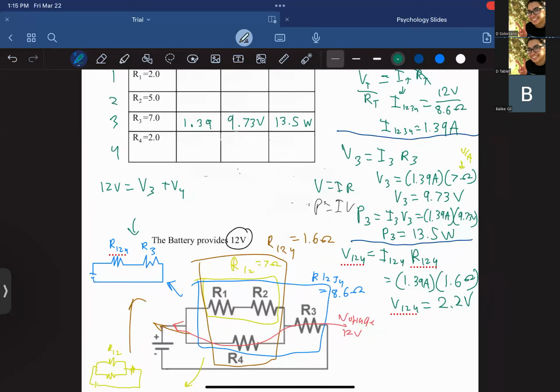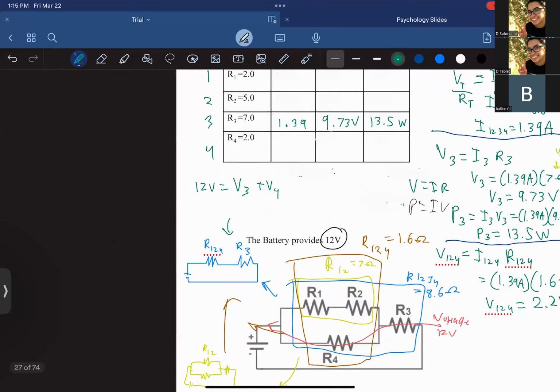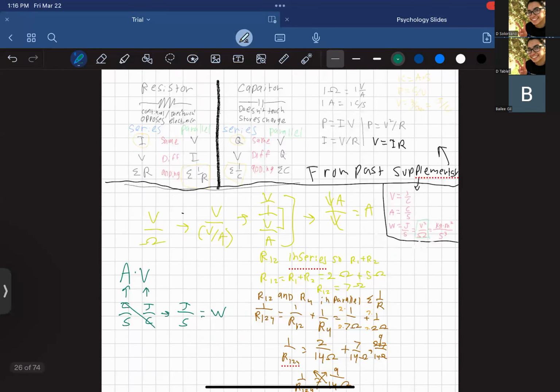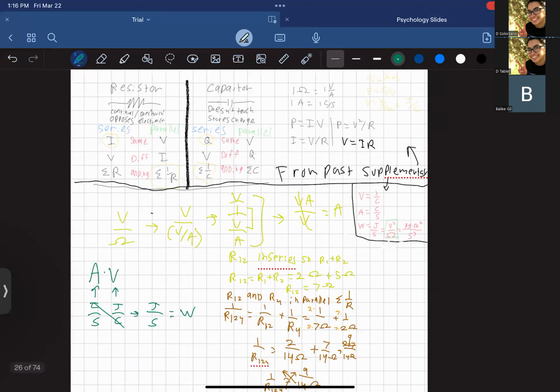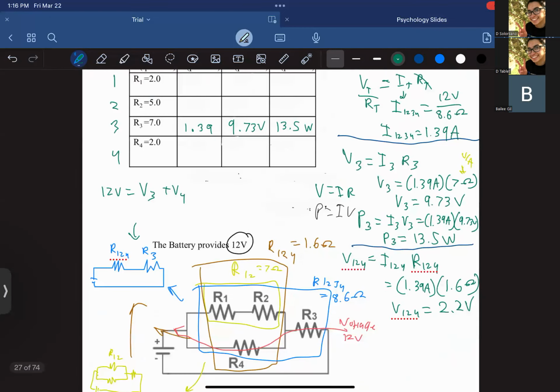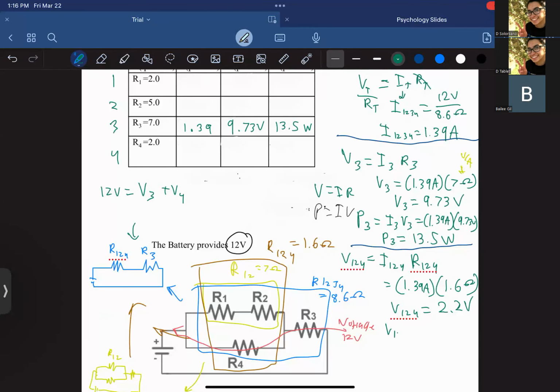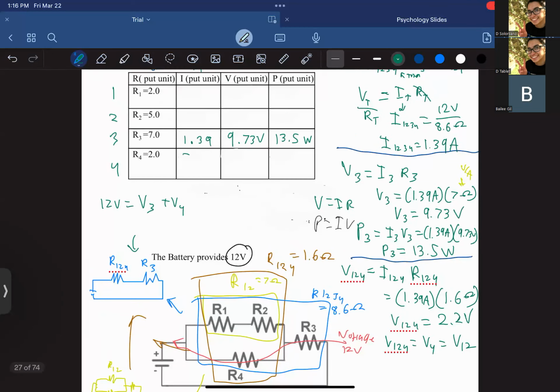And because we know that 1, 2, and 4 are in parallel, they have the same volts. So that means that voltage of 1, 2, 4 is equal to voltage of 4 and voltage of 1, 2. So we can go ahead and write the voltage of 4 up here now, 2.2 volts.